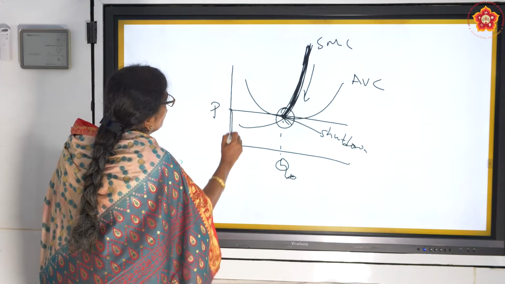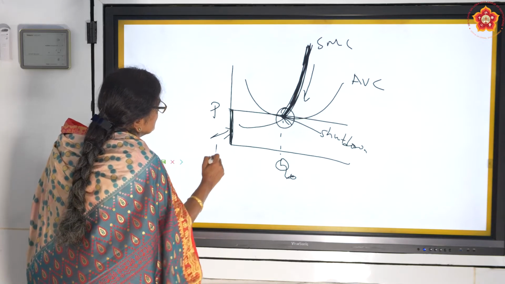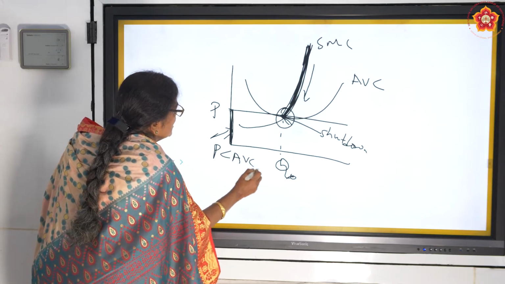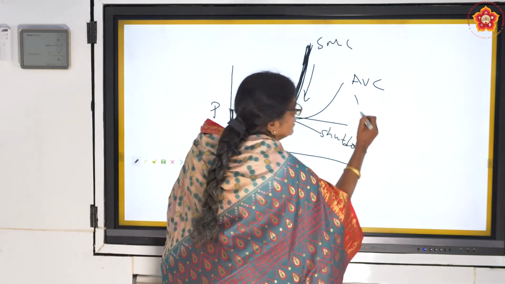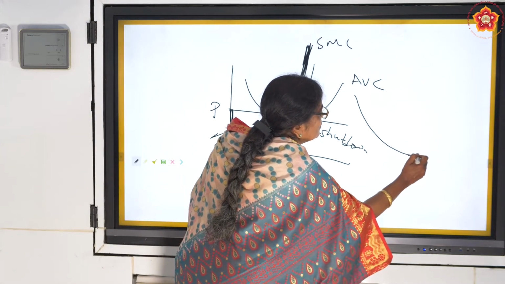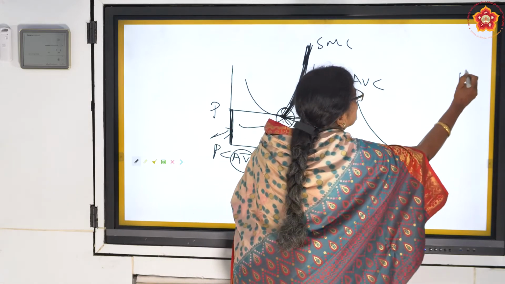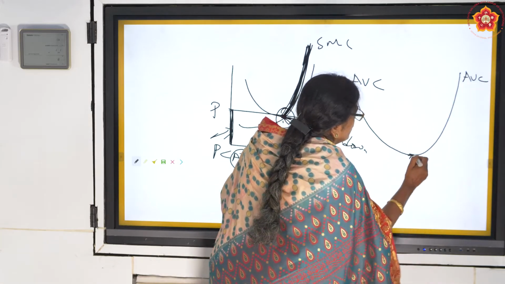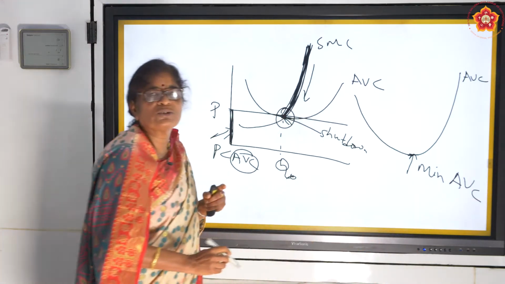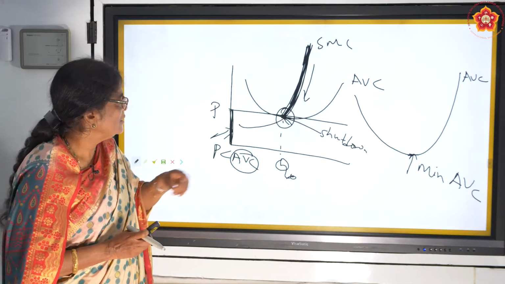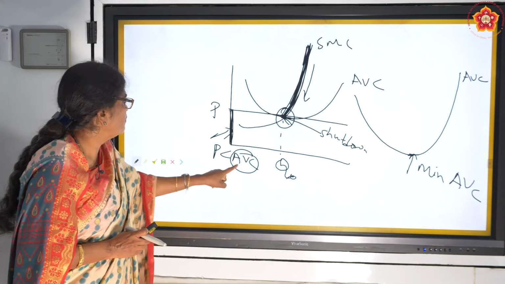And here, all the prices are less than minimum AVC. When we say AVC, this is the minimum point. The AVC curve declines, reaches the minimum and then increases. This is called minimum AVC. All this we have studied under the cost and production chapter.